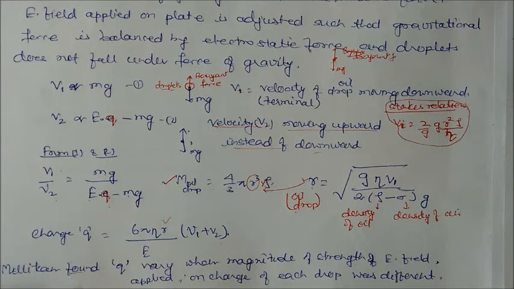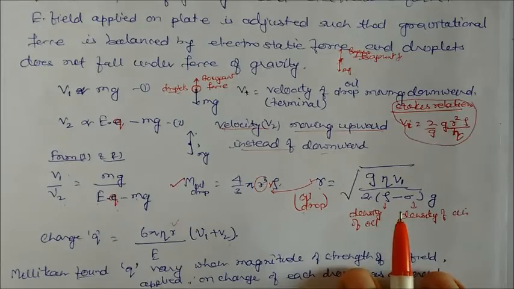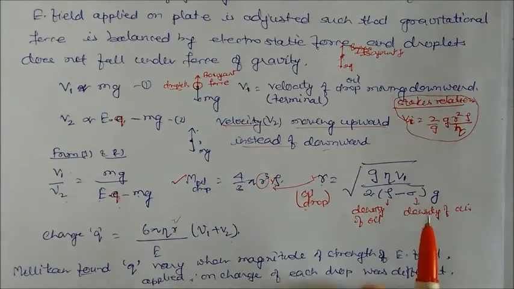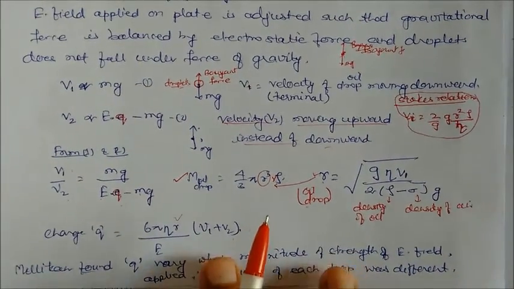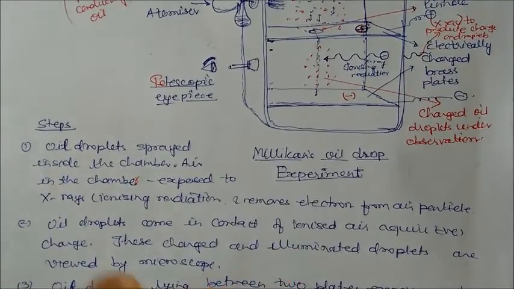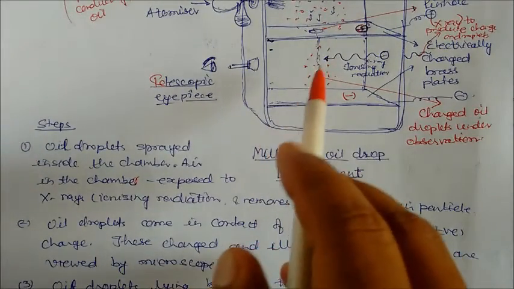So Millikan found that Q varied when the magnitude of the electric field applied was changed, and the charge on each drop was different. Here so many droplets were there.